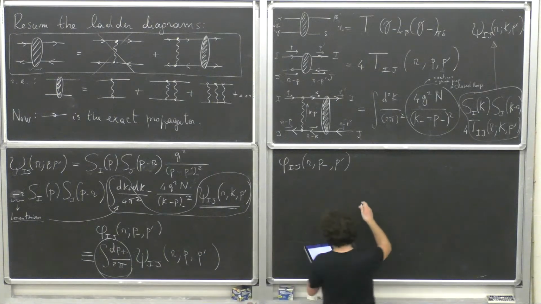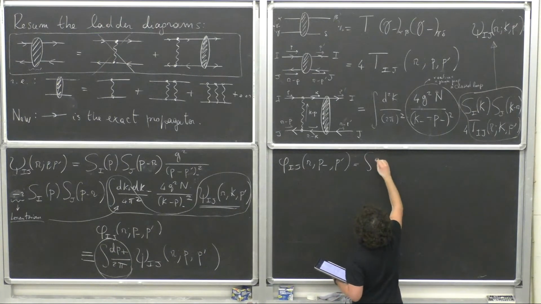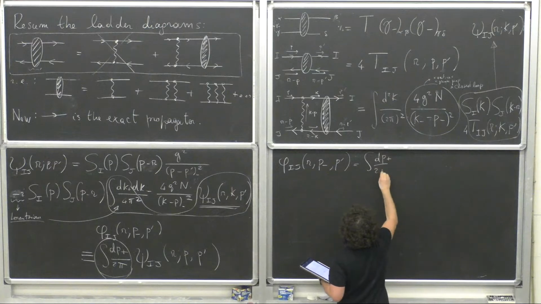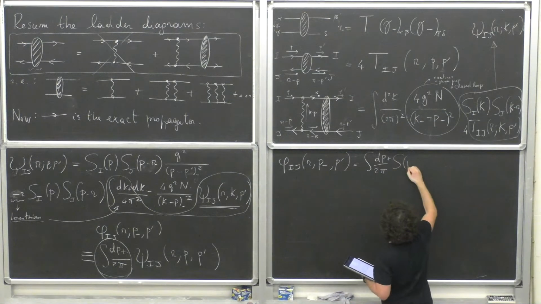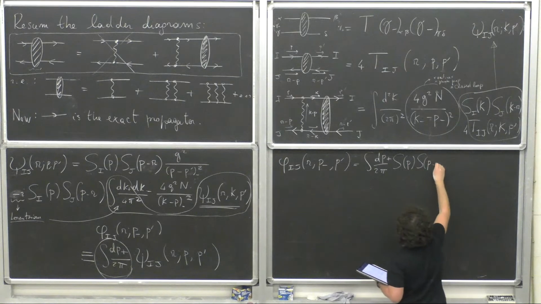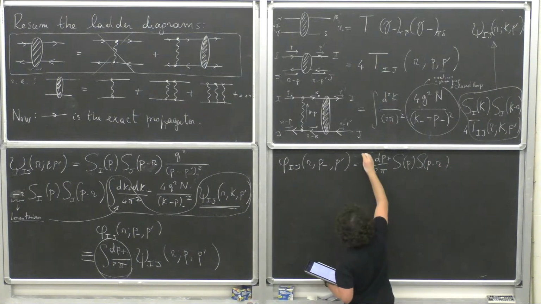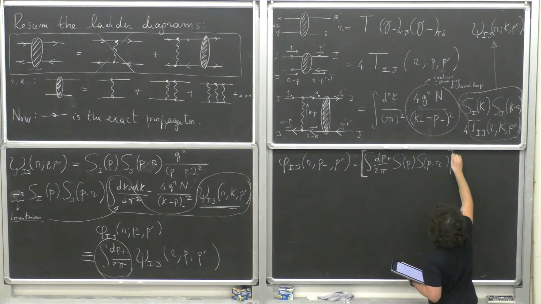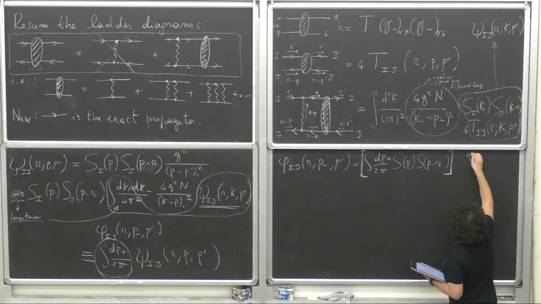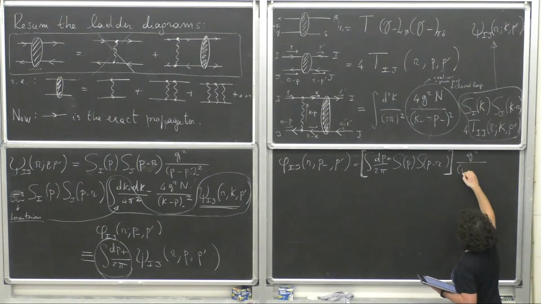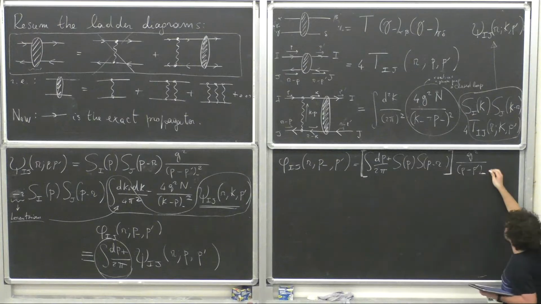I'm going to have an integral in dp plus over 2 pi of s of p minus r. And let me put some bracket here to make it clear that this is the only thing we are integrating over p plus. Okay? And then there is a g squared over p minus p prime minus, which is just minus squared.